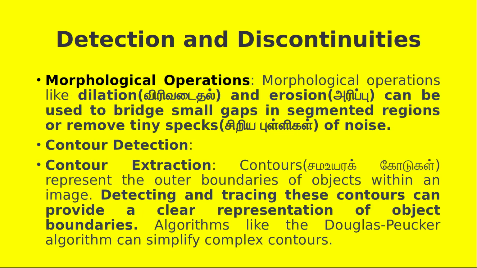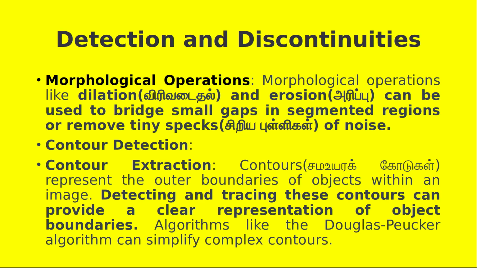Morphological operations: with dilation or erosion, the image is deformed, and small dots occur in the image. At that time we use morphological operations.